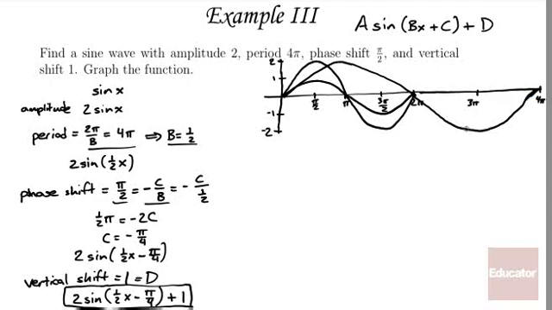Okay, now phase shift pi over 2. That means the thing is going to shift pi over 2 units to the right. I better draw a new set of axes here.